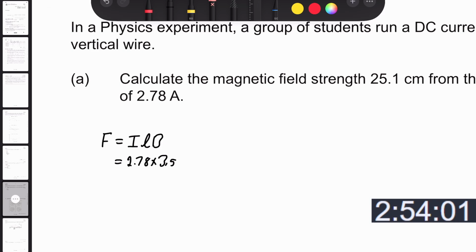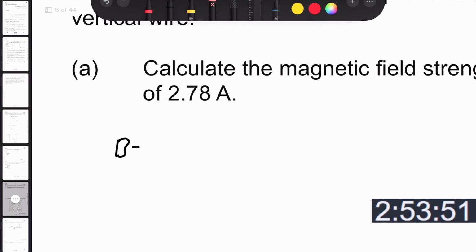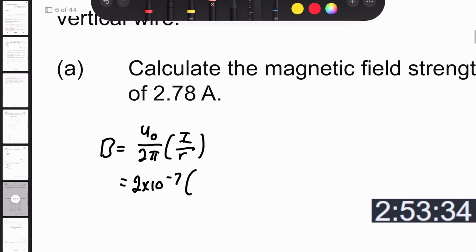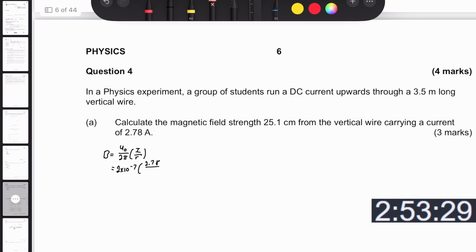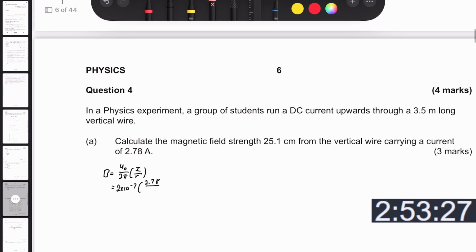And then my strength. Wait, this isn't right. Magnetic field strength, not the magnetic force. This is actually B is equal to mu naught over 2 pi times I over radius. This is just going to be, I think it's 4 pi times 10 to the negative 7, so divide by 2 pi. 2 times 10 to the negative 7 over, wait.